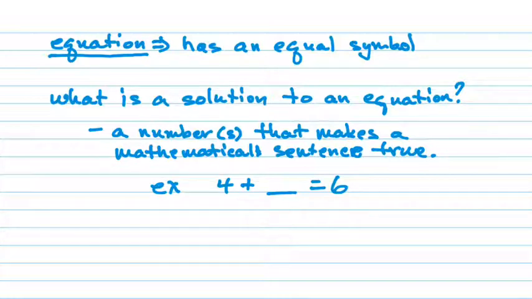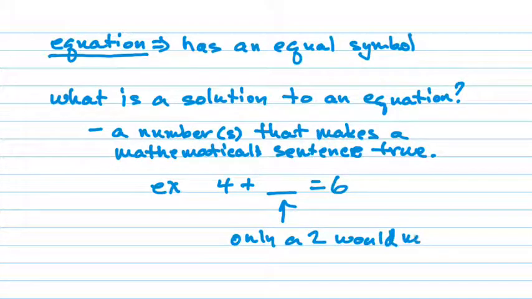So if you put 2 in place of that blank spot, then only a 2 would make this true. Do you agree? Could you add any other number to a 4 and still get a 6? No. Okay?